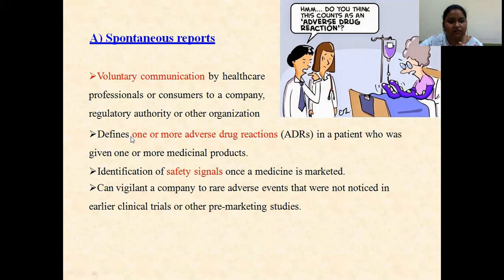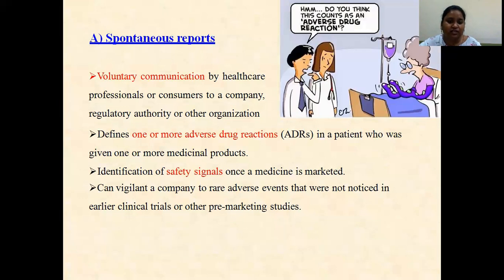So it defines one or more adverse effects in the patient who was given one or more medicinal products, or some identification of the safety signals of a product which has been launched in the market.